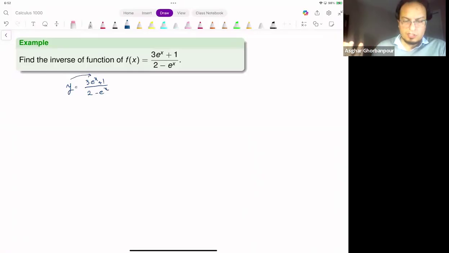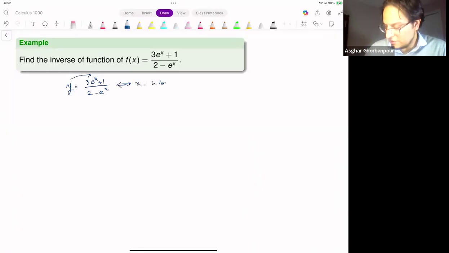Now you want to switch this relationship. In other words, you want to write x in terms of y. You're trying to solve this for x. That is what it means work-wise.